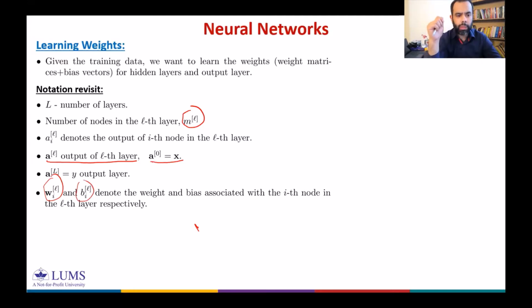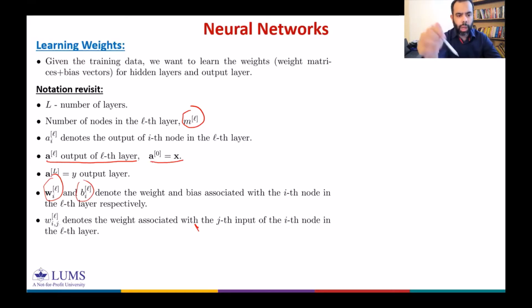If you zoom into this weight vector, W_ij, the jth entry of this weight vector denotes the weight that is associated with the jth input of the ith node. We have studied this earlier, but I'm just revisiting it here because we'll be using these very frequently in this video, so that you have a good revision of these notations, right?